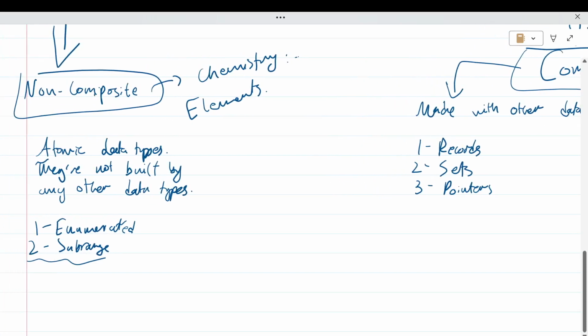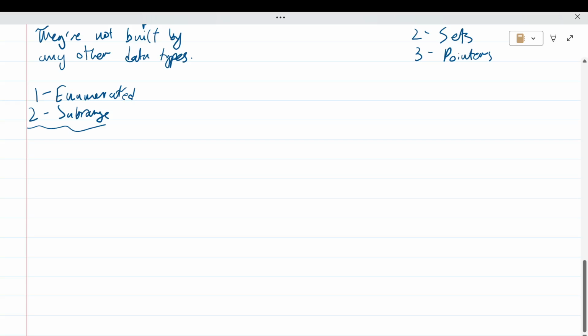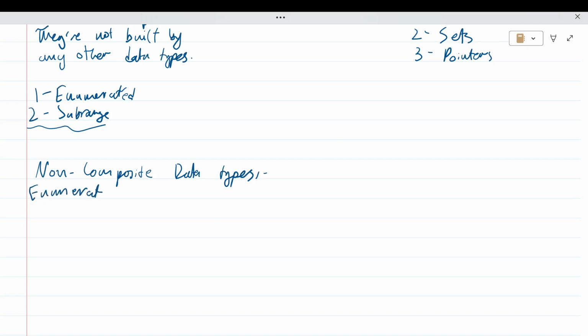For the non-composite data types, we only have one. I know we have two, but I said that subrange is not included, so we just have one: enumerated data types.